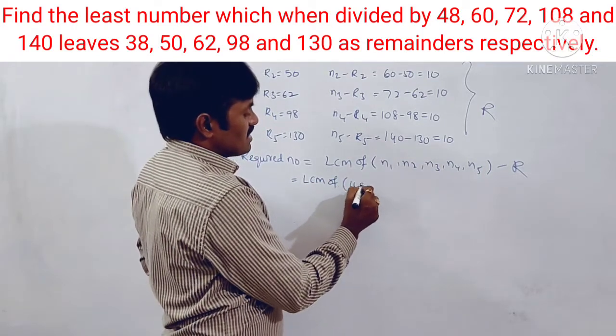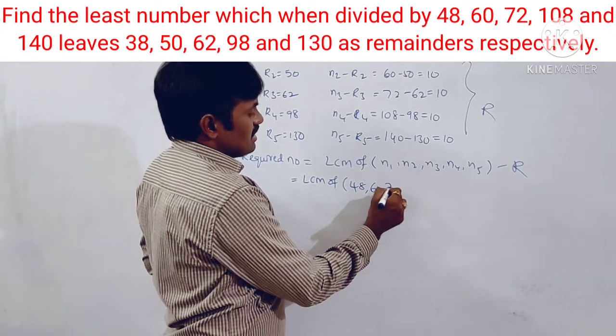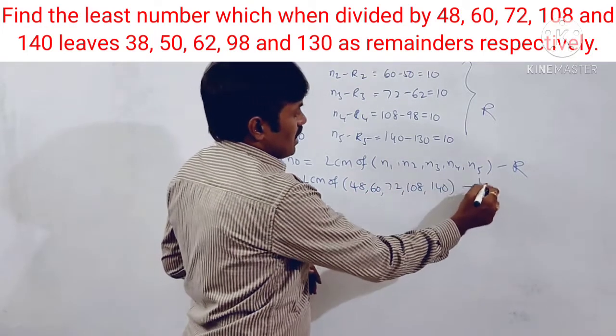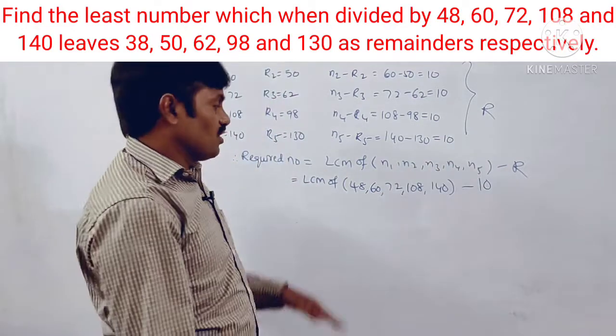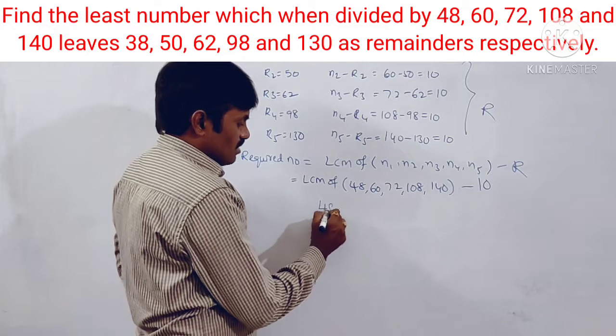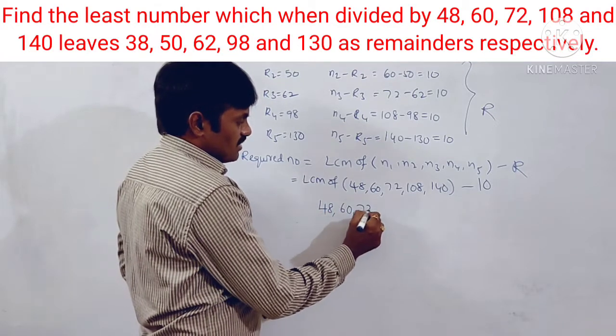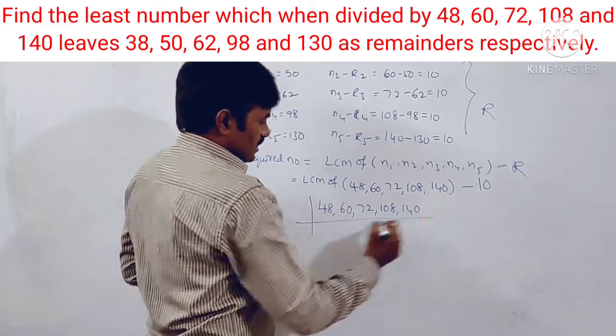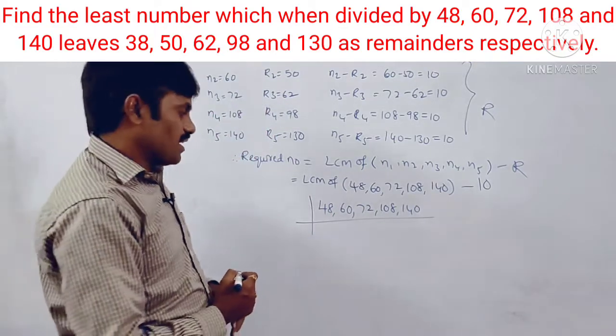Next, what is the LCM of the numbers? What are those divisors here? 48, 60, 72, 108, 140, minus the common difference, which is 10. So we have to find the LCM of these divisors. How to find it? Choose the common table.